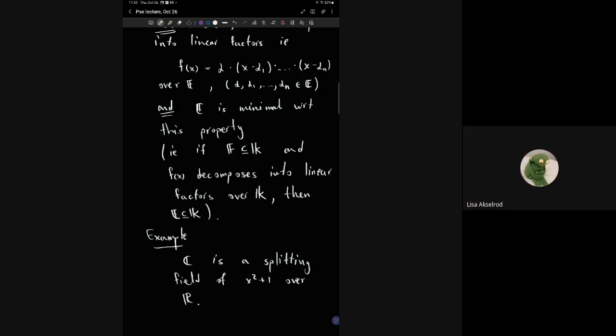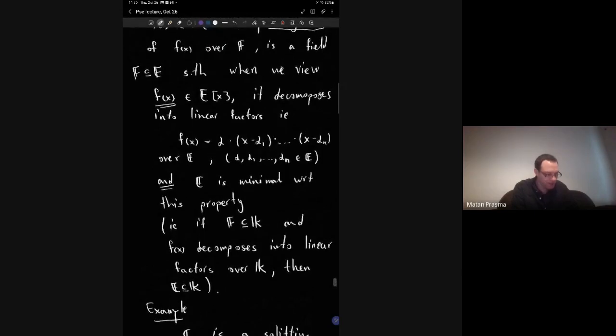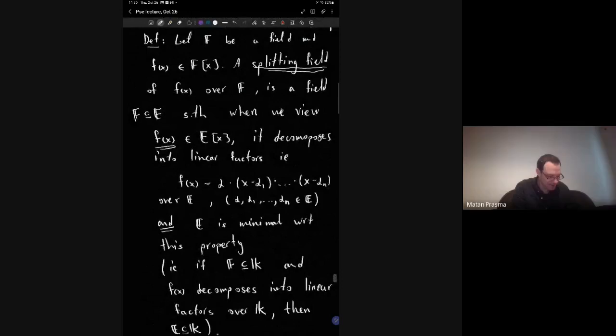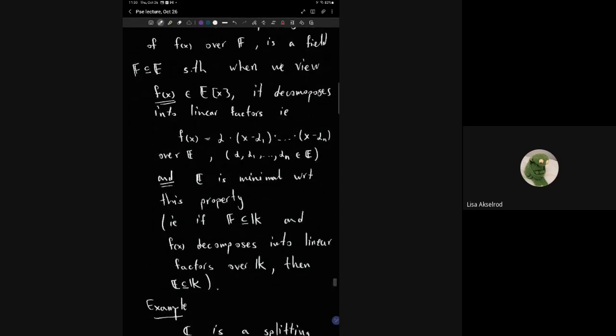In the bracket, K is the same that was E above, right? There are many brackets. So the last one, where if K contains F and f(x) decomposes into linear factors over K, this K is what in the abstract above we called E.